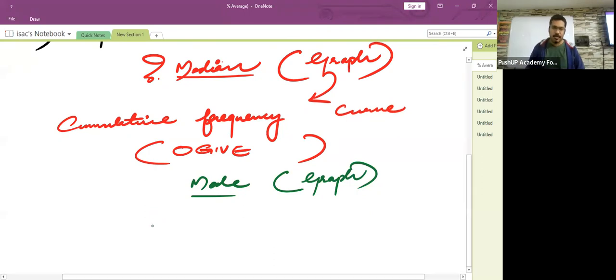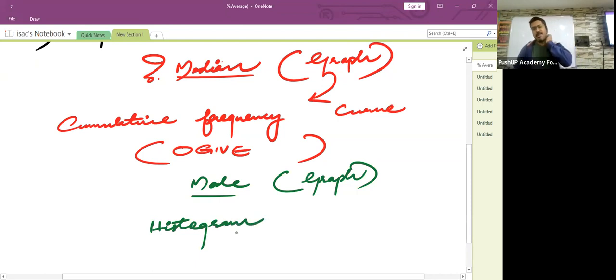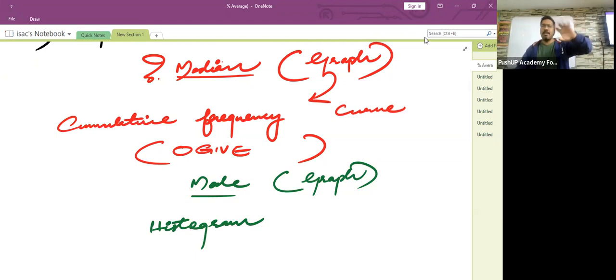Children, the graph which you have to draw is called a histogram, which is no more new to you all. You all have learned how to draw a histogram in class 9. If you have forgotten it, it's fine. I'll teach you. It will hardly take 5 to 10 minutes for me to teach you how to draw a histogram. So note it down.